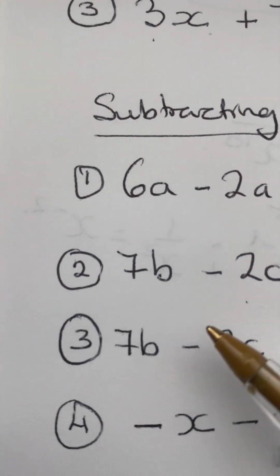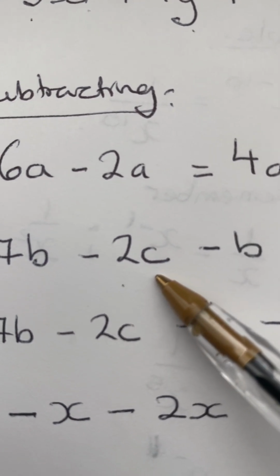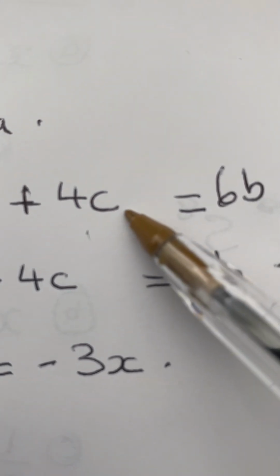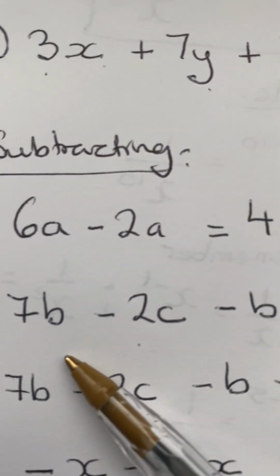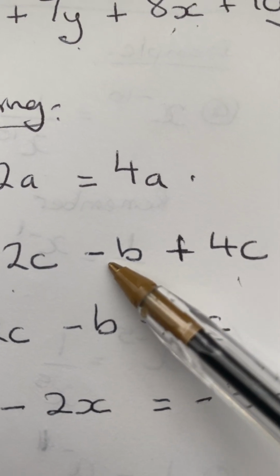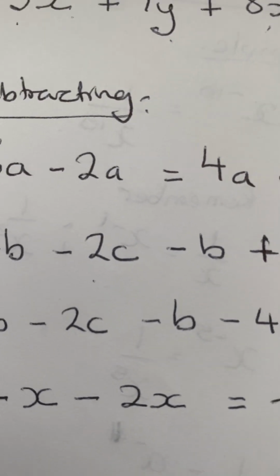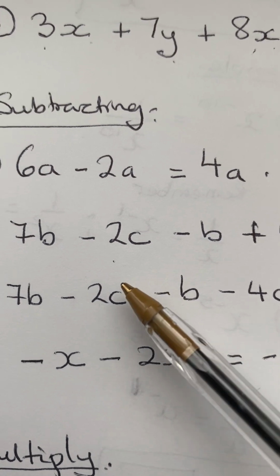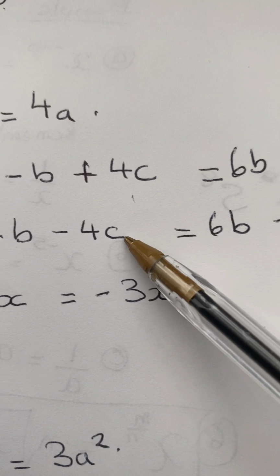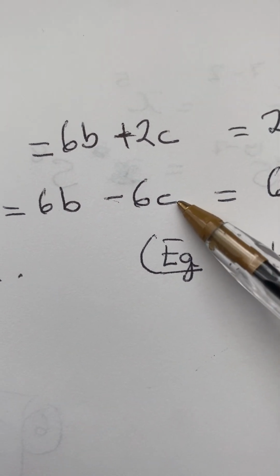Our second example, 7b minus 2c minus b add 4c. If we put the b's together, 7b minus b will give us 6b. Minus 2c minus 4c will give us minus 6c.